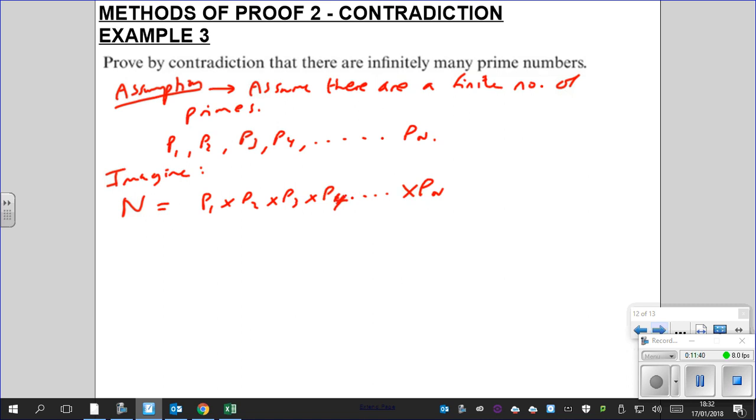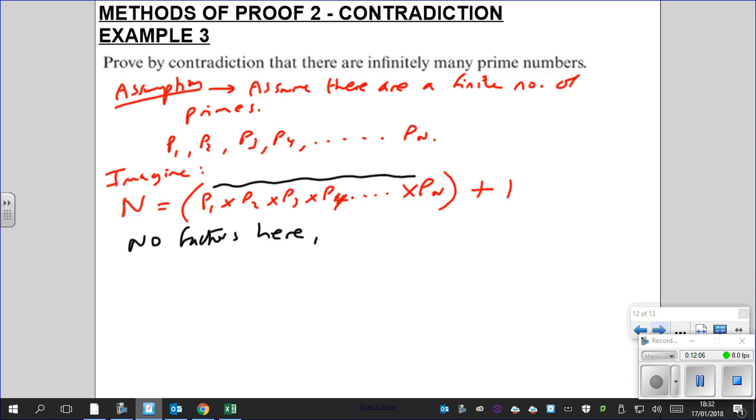Right, so we're going to take that number, and then we're going to add 1 to it. So imagine there exists a number where we times all the prime numbers together and we add 1. If we add 1 to it, there are no factors here, are there? I can't take out a factor because I've used up all the prime numbers.